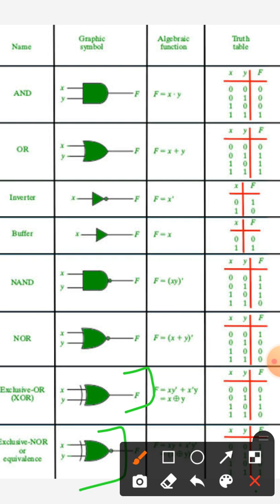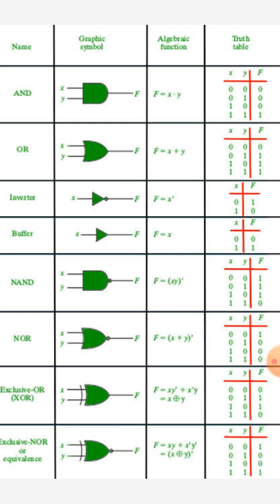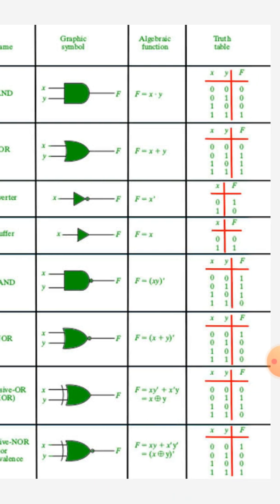Here we can see that when the same states come, the output equals 0, otherwise it is always equal to 1. This is the symbol of the exclusive OR gate. Like this we have the exclusive NOR gate. It is just the inverse of the XOR gate.